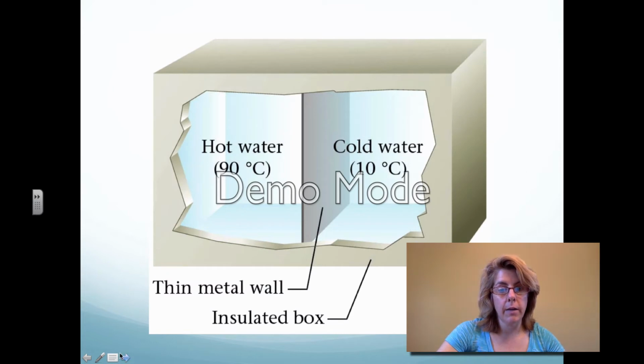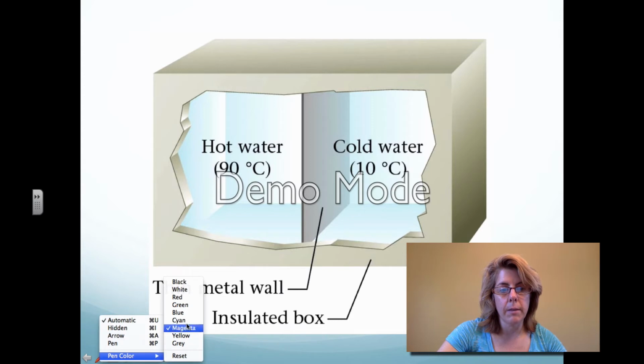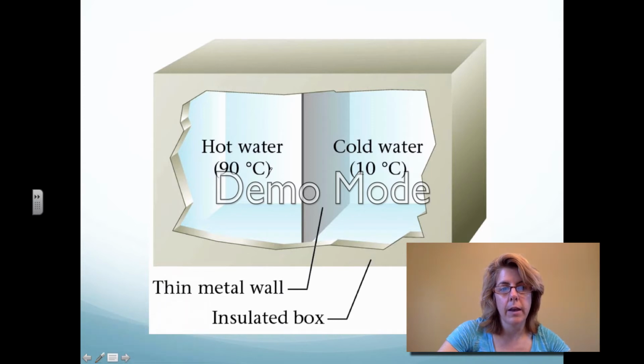Now here I have an example of a box, and the interesting thing about this box is that one side is 90 degrees. Now there's a metal wall in between, and then here on the other side we have colder water, and notice that it's 10 degrees. Now I want you to write down in your notes, over time, what do you think is going to happen to this box?